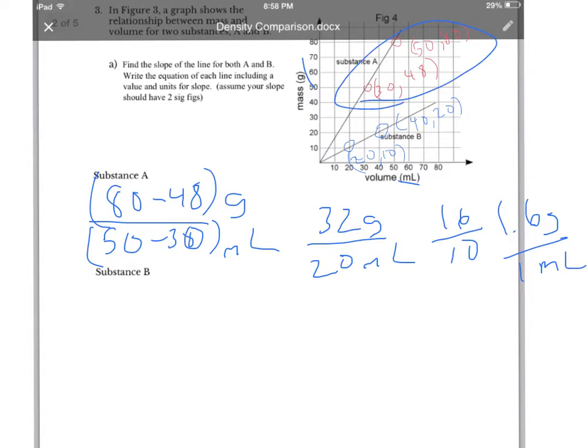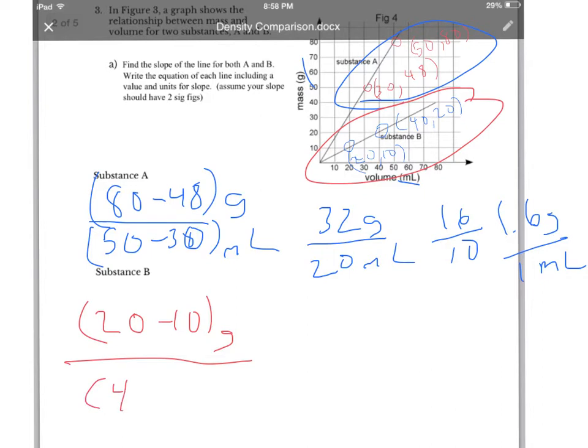Sorry about that. And then for the blue ones down here, let's just do that one in red. And so let's go ahead and graph the Y and X. So we have 20 minus 10 grams over 40 minus 20 milliliters.